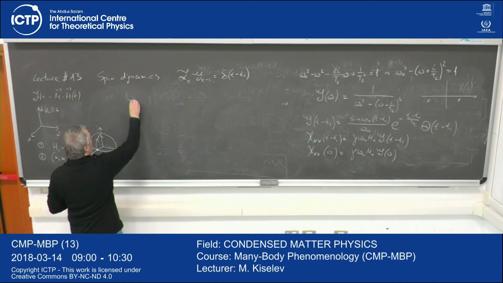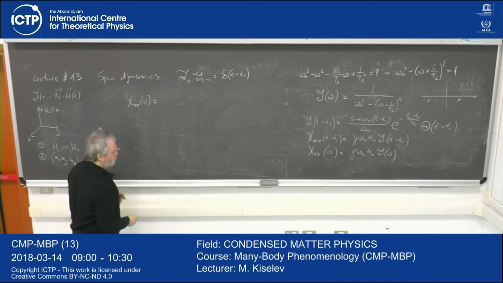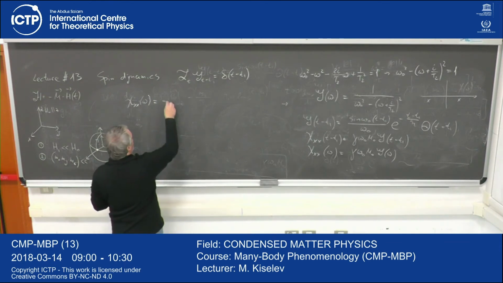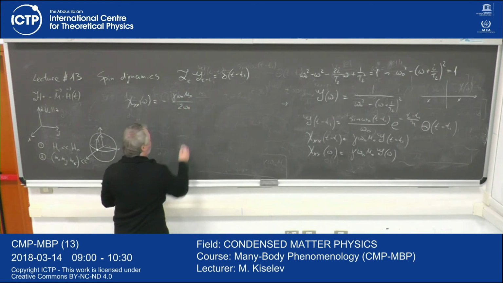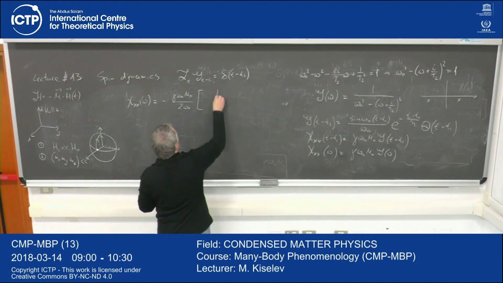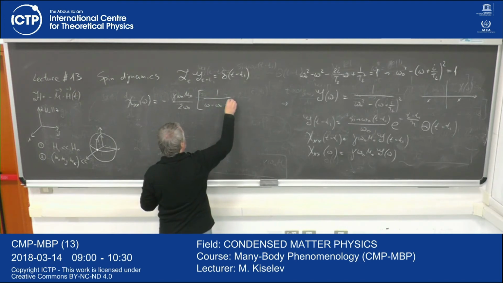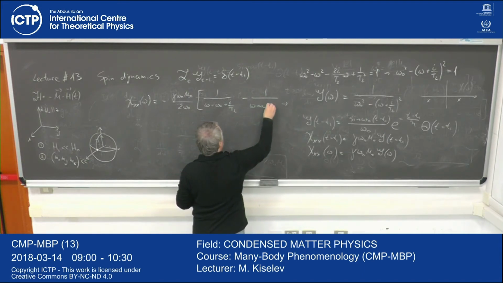So chi xx(omega) is equal to minus gamma omega node m node over 2 omega node, and here I have 1 over omega minus omega node plus I over t2, minus 1 over omega plus omega node plus I over t2.